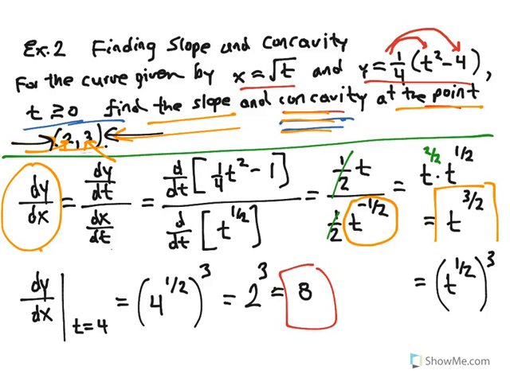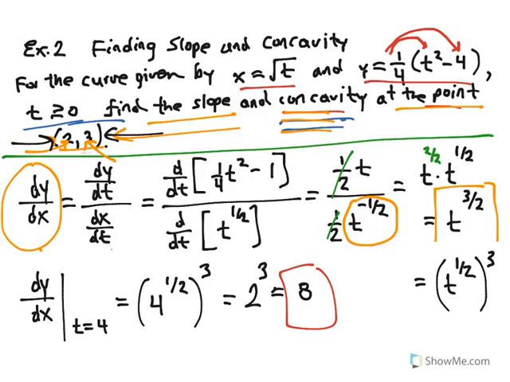Having reviewed concavity from Calculus AB, now we can complete example 2, finding slope and concavity. For the curve given by x is equal to square root of t and y is equal to 1/4 t squared minus 4, for t greater than or equal to 0, find the slope and concavity at the point 2, 3.